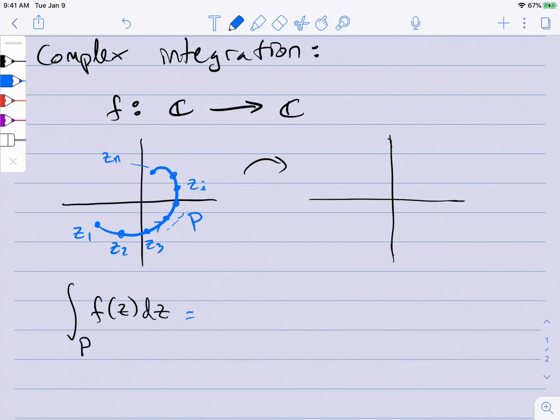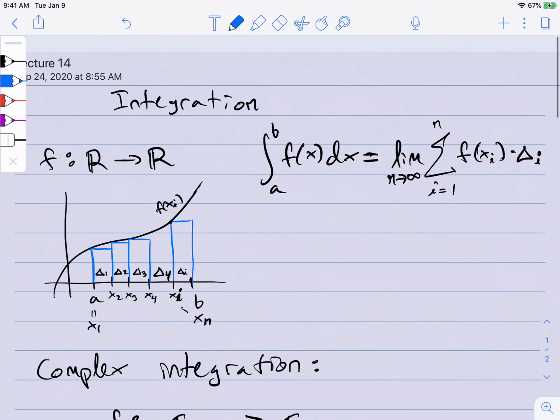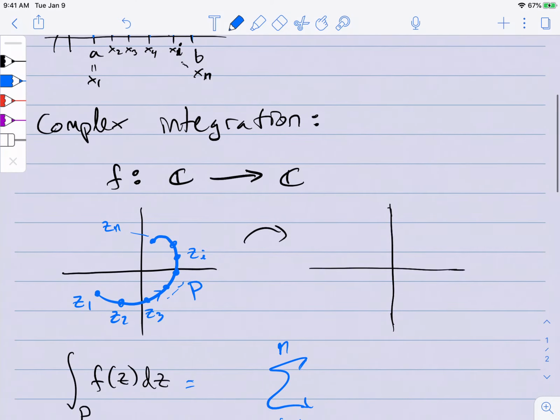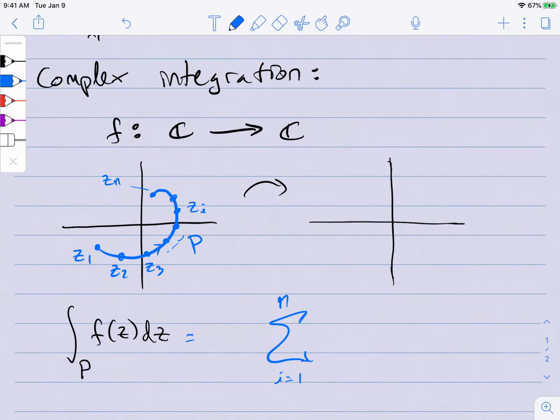And I'm going to look at a sum, summing over each piece, so i goes from 1 to n. And I can't really think of these as rectangles anymore, but I can still multiply. But what am I going to multiply in here? So instead of the height of a rectangle, I'm going to multiply f of zi instead of f of xi.